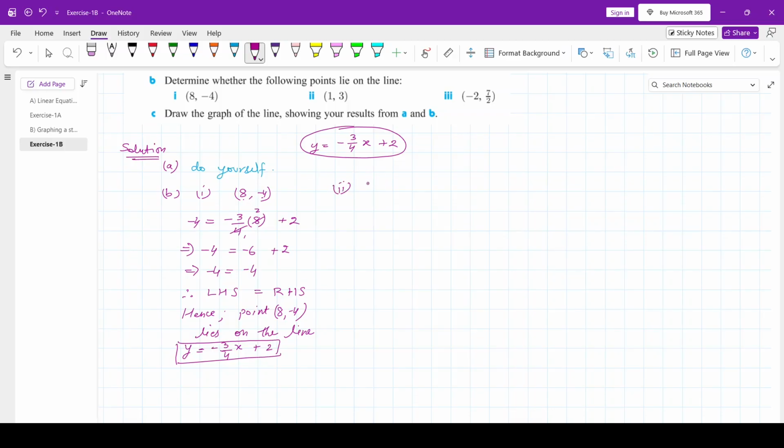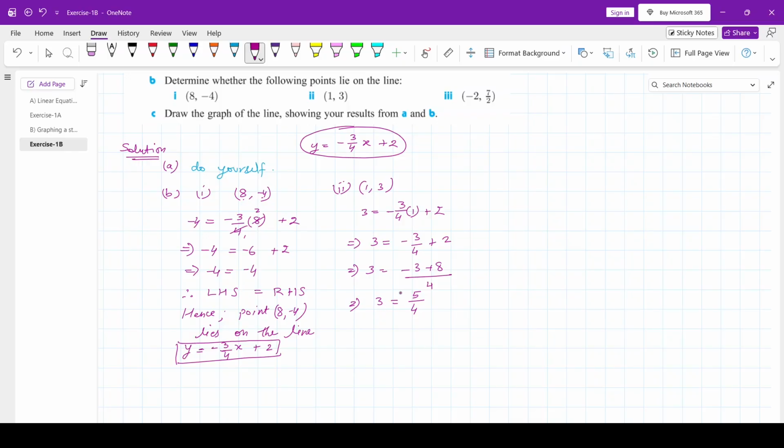Similarly, for part 2, we have 1, 3. Now putting the value of x and y in this equation, we get 3 is equal to minus 3 by 4 into x, that is 1 plus 2. So 3 is equal to minus 3 by 4 plus 2. If we solve this, we get minus 3 plus 8 divided by 4, and that is 5 by 4.